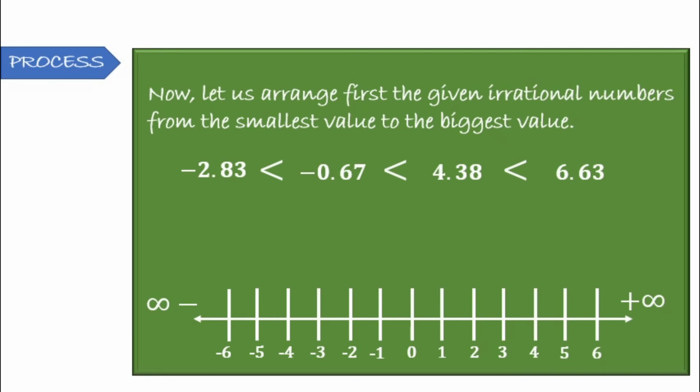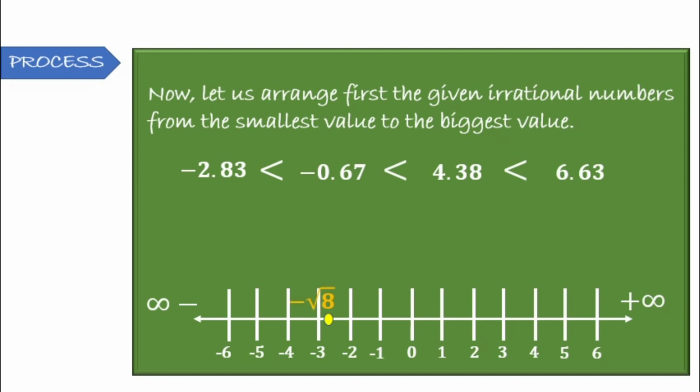Okay, natang 0 sa tunga, negative 1 to the left, to the negative infinite, or in negative infinity, negative 1, negative 2, negative 3. Asa man sila in between? Is it in between negative 2 and negative 1, or negative 2 and negative 3? Alright, negative 2 and negative 3. So, approximately na sila diha nga location.